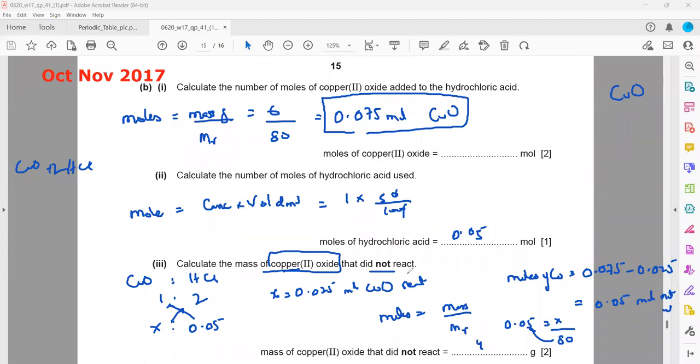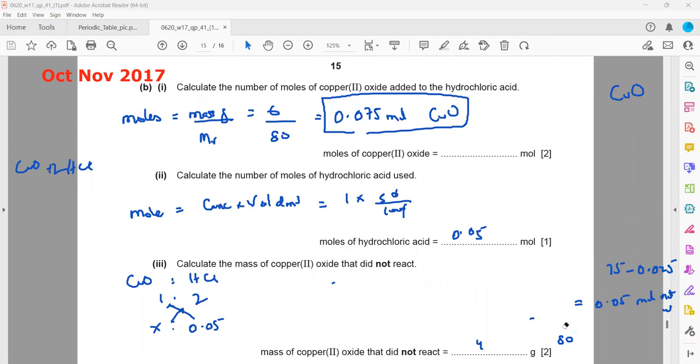This is one way. We got the moles and then we converted. There's also another way to do this. The other way of solving: I find how many moles of copper oxide reacted. So I work out the ratio 1:2 and I get the moles of copper oxide which will react, that is 0.025.